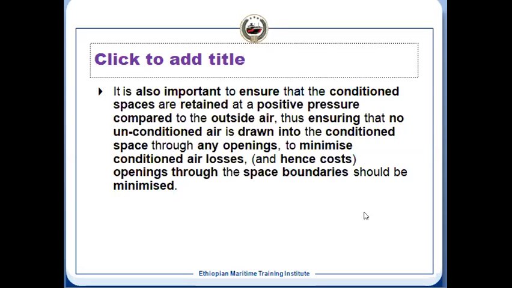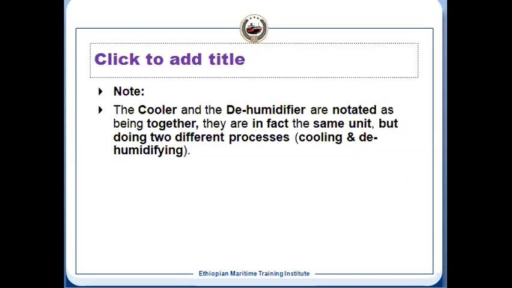Then only will the heat radiation and the heat generation in the cabin be compensated. It is like if we mix hot water and cold water, the temperature comes in between. So we have to think that way and adjust accordingly so that the room temperature is maintained.